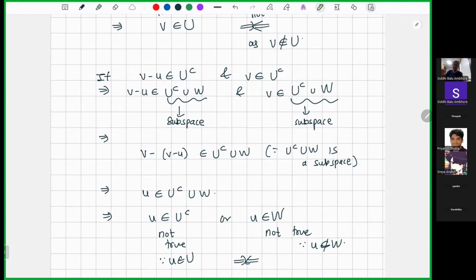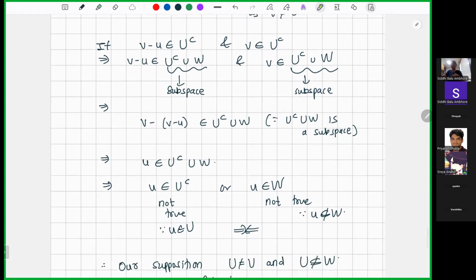Addition is closed inside a vector space, in a subspace. And U complement is definitely not a subspace, because 0 belongs to U and we are looking at U complement, so 0 does not belong to U complement. But we wanted 0 to be there. So we took the union with W. W had 0, and now this new set U complement union W has 0 and might satisfy the properties of a subspace. We do not care about that because it is already given that U complement union W is a subspace. And then we made use of that condition.